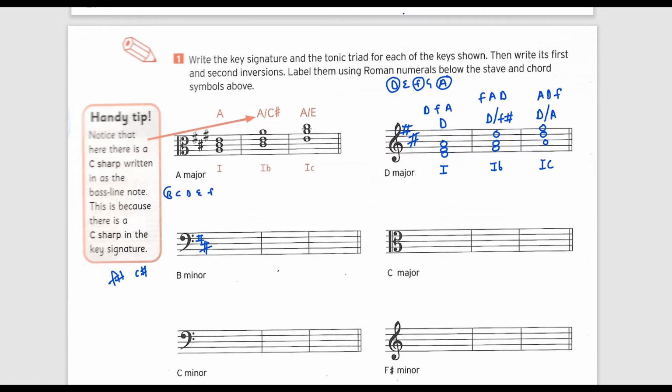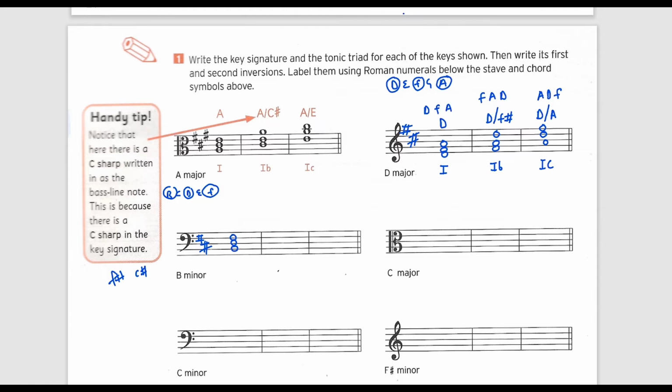So we're going to use these three notes. Start from B here: B, D, and F sharp. Okay.